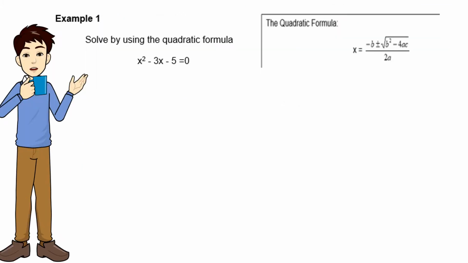Example number 1. The given is x squared minus 3x minus 5 equals 0. So, tingnan muna natin if our given equation is written in a standard form, ax squared plus bx plus c equals 0.